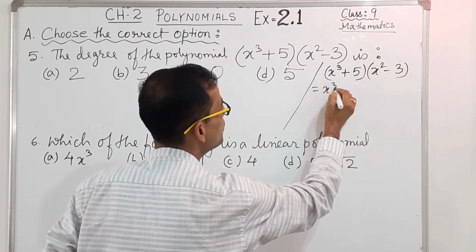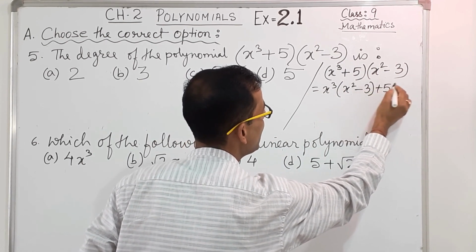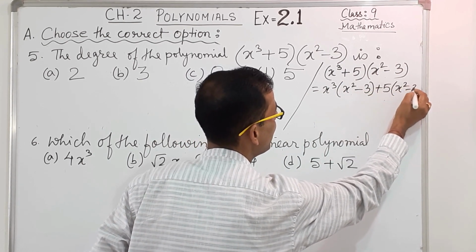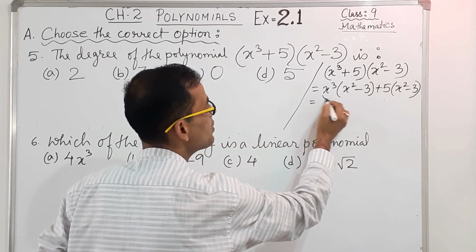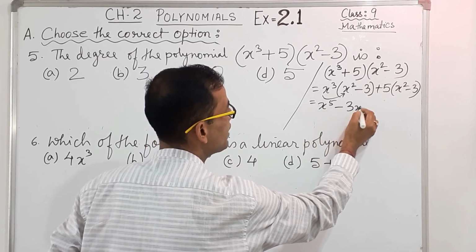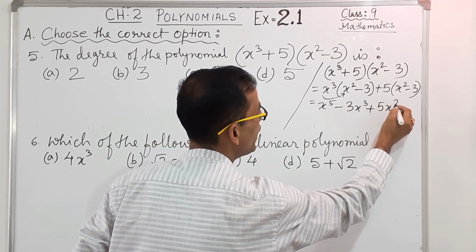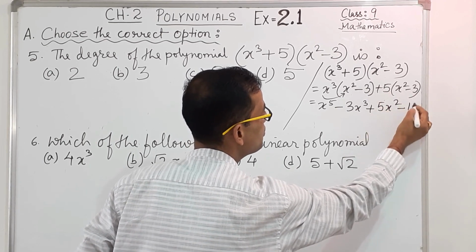So x cube will be multiplied with x square minus 3 and plus 5 will multiply with x square minus 3. So what it comes, this into this will be x to the power 5 minus 3x cube plus 5x square minus 5 3 is a 15.